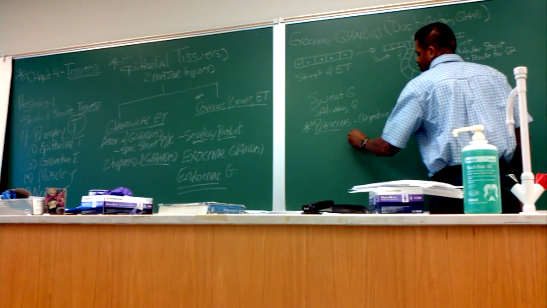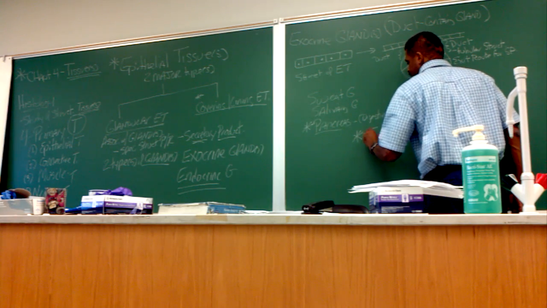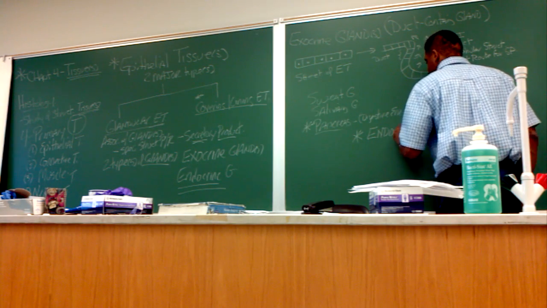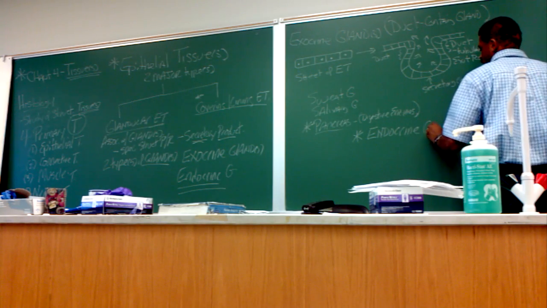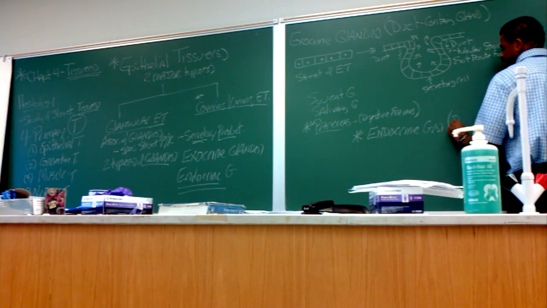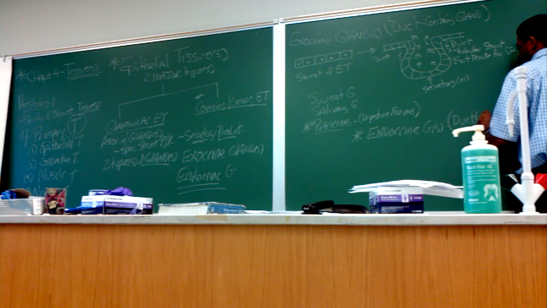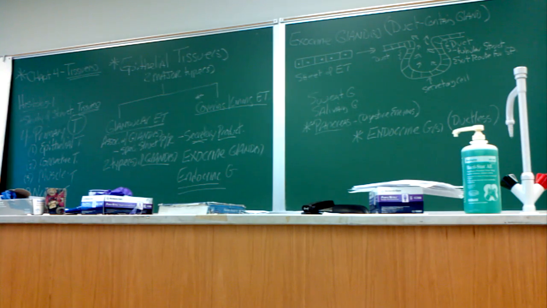Then we have the endocrine gland. Our endocrine glands are ductless glands. They do not have a duct. They just have the secretory cells, and the secretory cells of the endocrine gland will not release their secretory product into a duct that reaches the surface of the body. When we think about an endocrine gland, it releases secretory product into the what? The endocrine secretory product is called what?